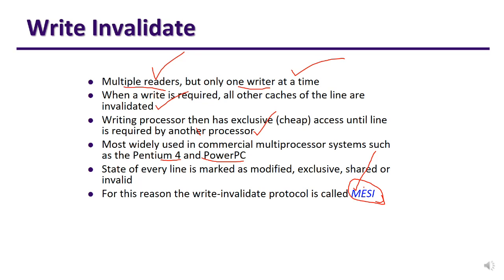Exclusive means I can change this value; any processor can start editing, writing on it. Shared means this copy has been shared with multiple processors. And invalid means data cannot be changed by this processor.